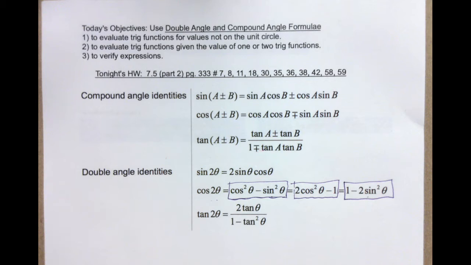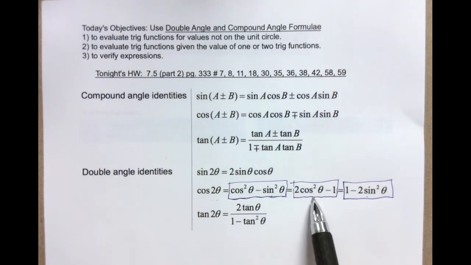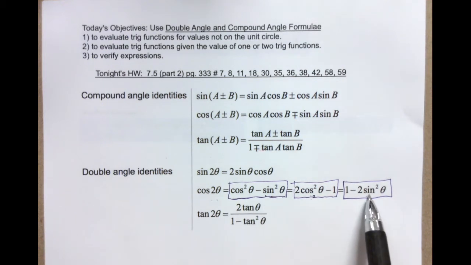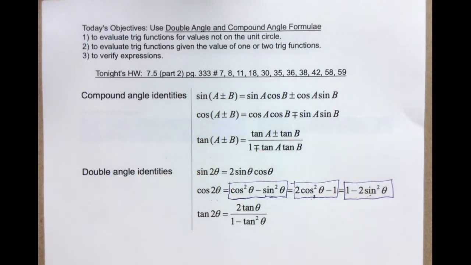If the entire problem only has to do with cosine of theta, then I'm going to choose this one. If there's a mixture of sine and cosine, then I'm going to choose this one. If it's all sine, then I'm going to choose this one. So does that make sense? Okay. All right.